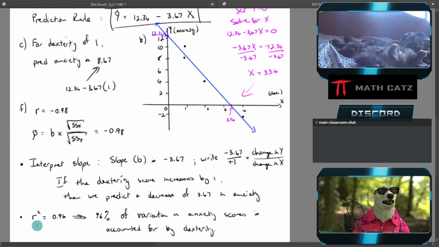Hopefully that gives you a fairly good base to build on, seeing how these things are calculated by hand, and some more interpretation behind what we're really trying to establish here, a connection between these variables. And it's important to be able to interpret that in words.